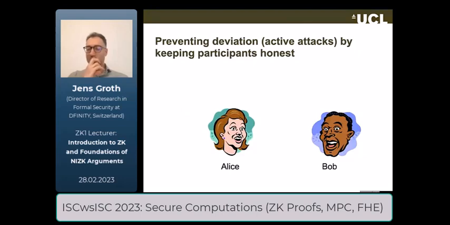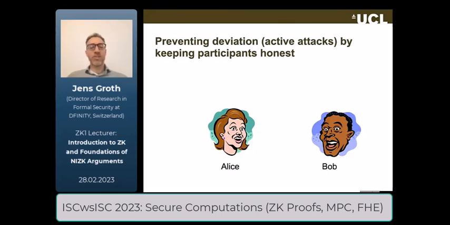Okay, so the more general picture here is, what goes wrong if somebody's attacking a protocol? Quite often it's active attacks, where somebody deviates from the protocol. This is called an active attack.